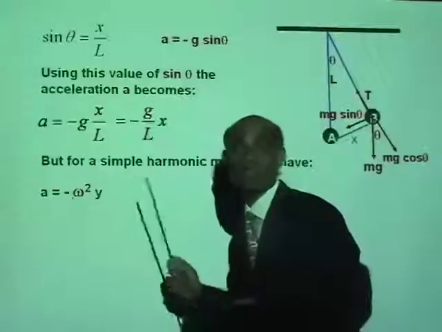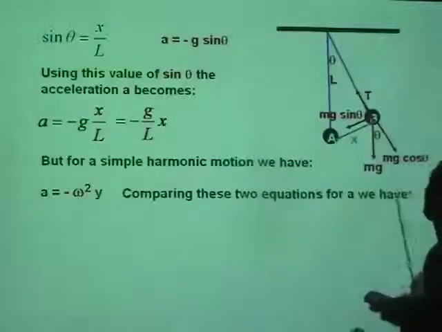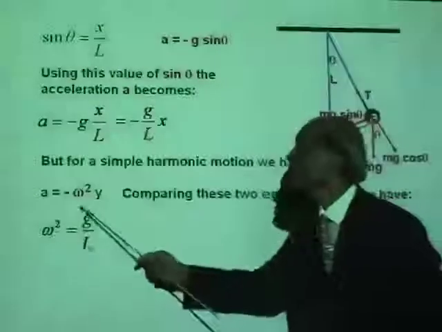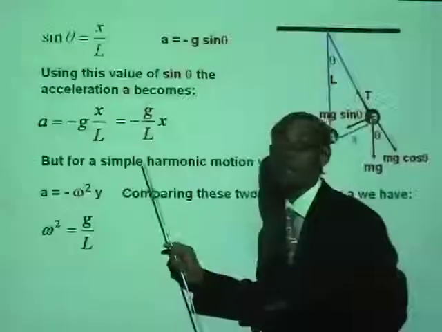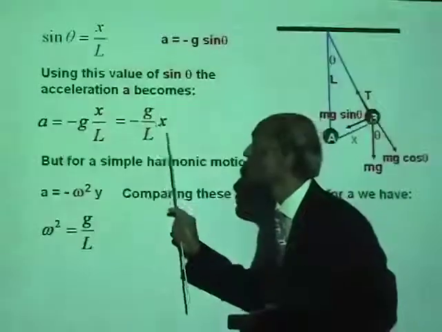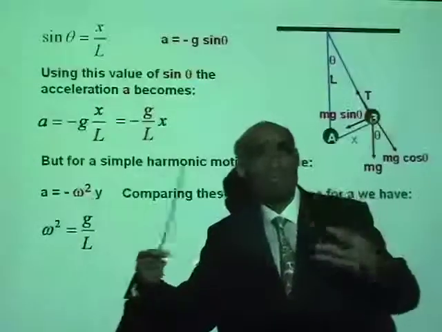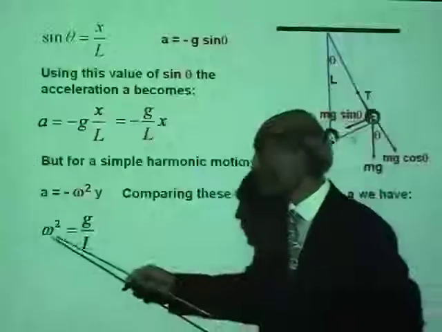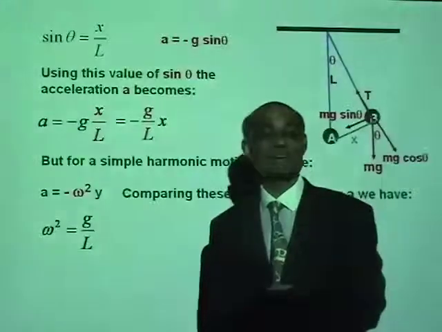Don't you see it? Alright, comparing these two equations, we have omega squared equal to g over L. Now remember that x and y both stand for displacement. Therefore they are the same. Omega squared equal to g over L.